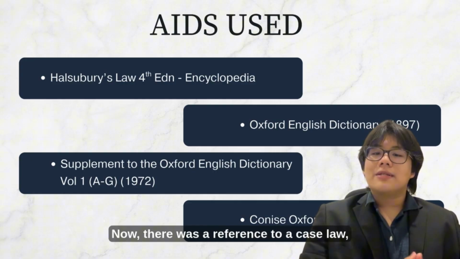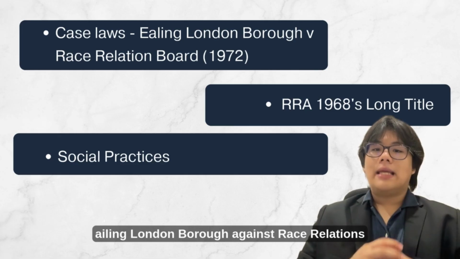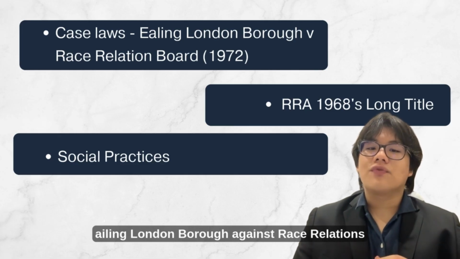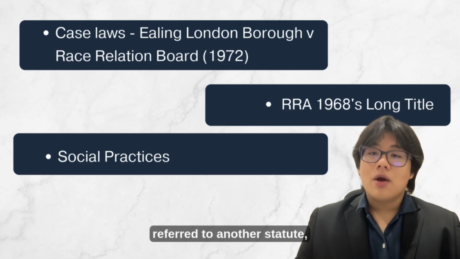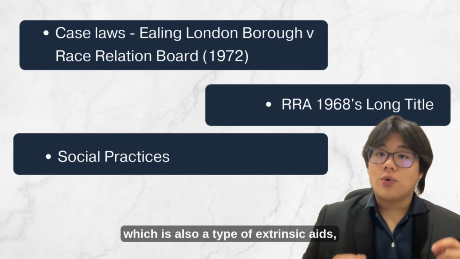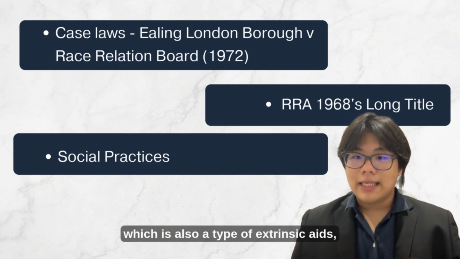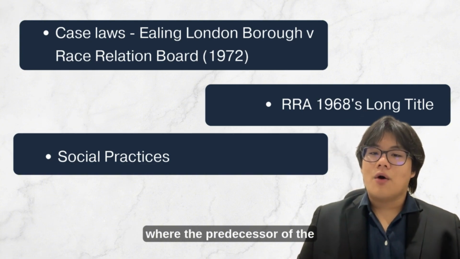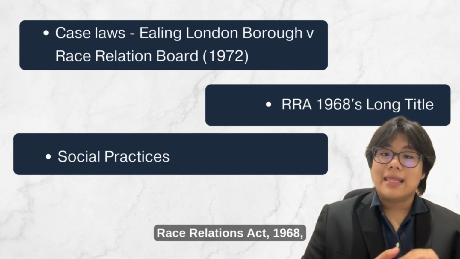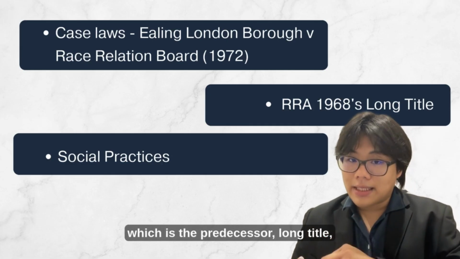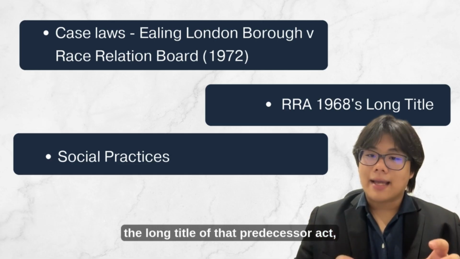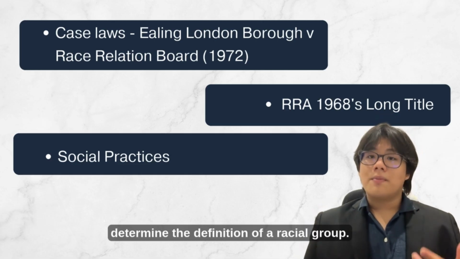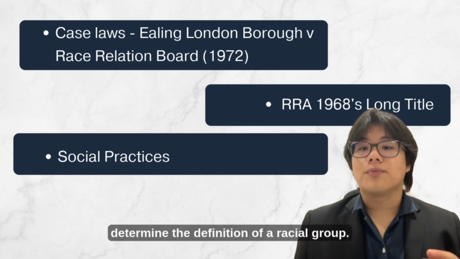Now, there was a reference to a case law, Ealing London Borough against Race Relations Board, where the judge, Lord Simon, referred to another statute which is also a type of extrinsic aid, the predecessor of the Race Relations Act 1976, the Race Relations Act 1968. The long title of that predecessor act was used to determine the definition of a racial group.